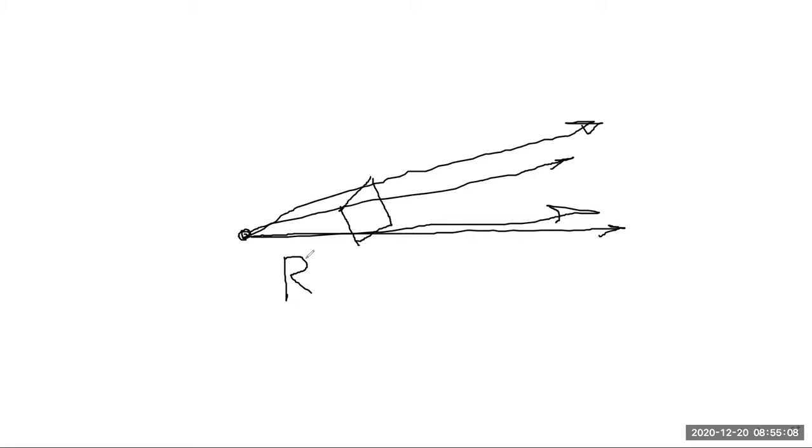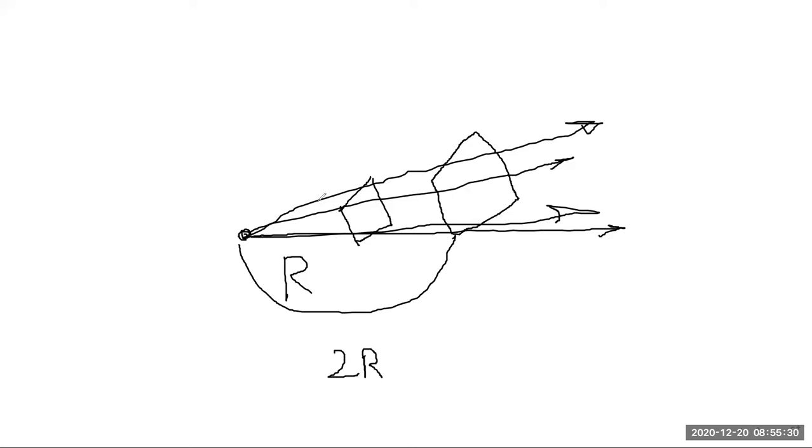And now let's double this distance. Makes the distance 2r. And increase the size of this square proportionally. So it will be 2 times bigger, right?